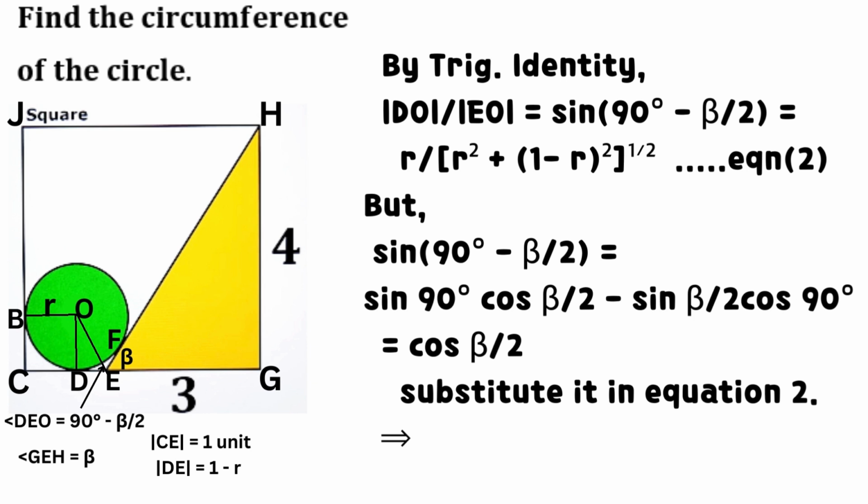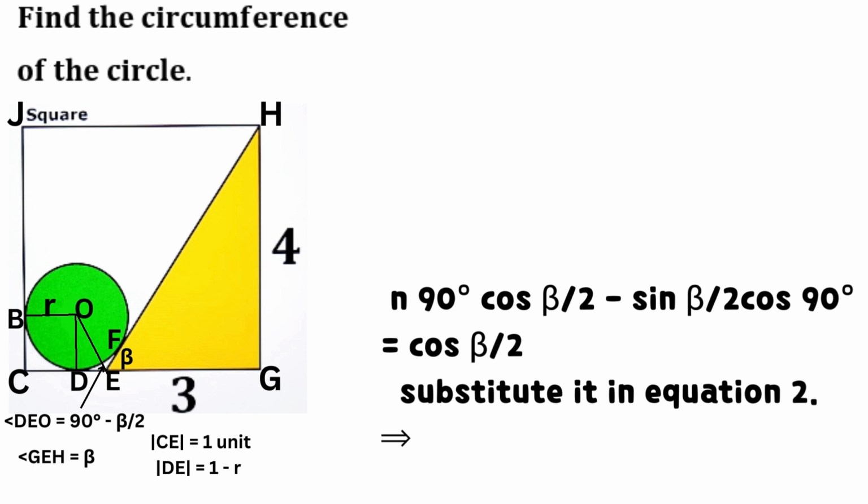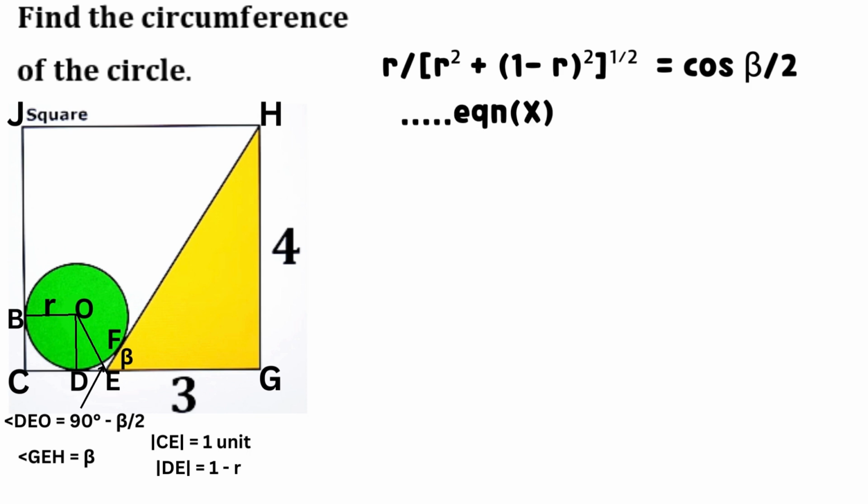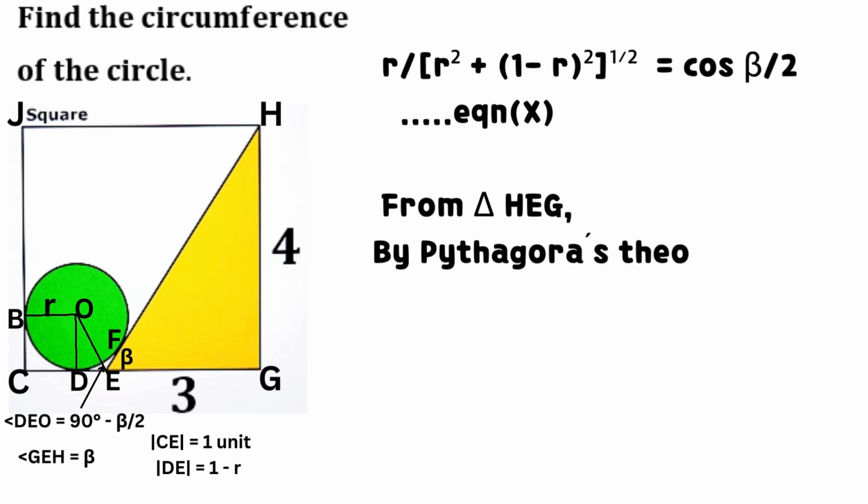Substituted in equation 2, it implies that R divided by the square root of the square of R plus the square of 1 minus R equals cosine half of beta. We call it equation X.